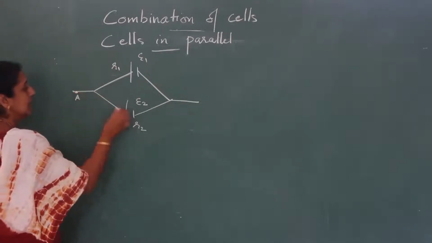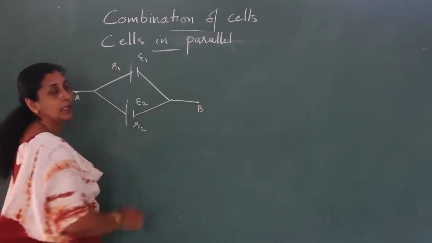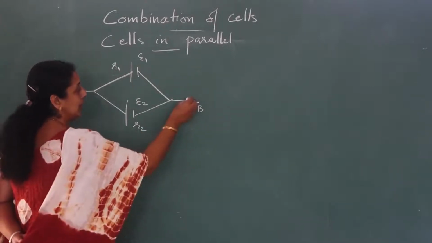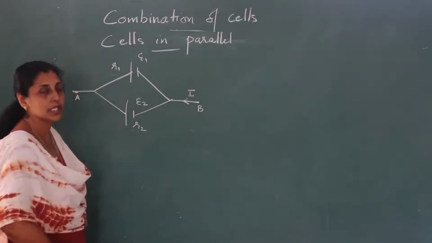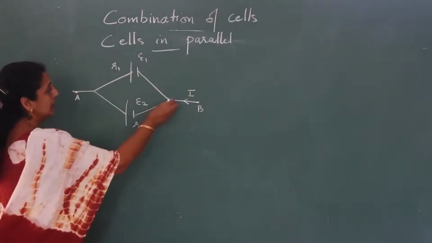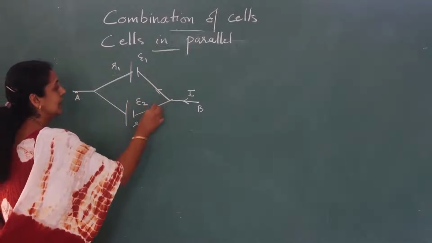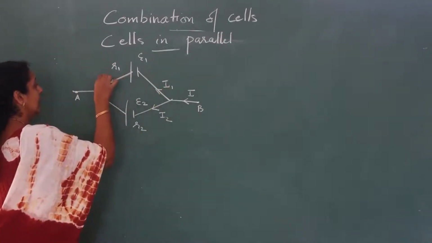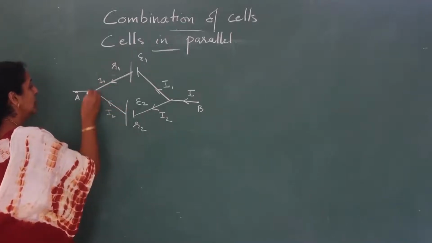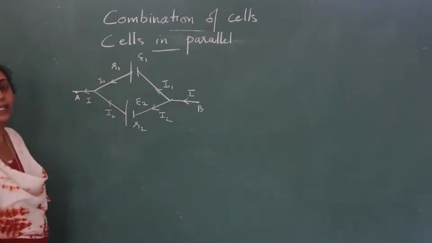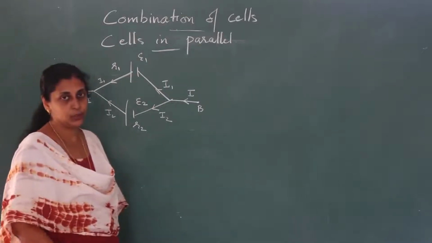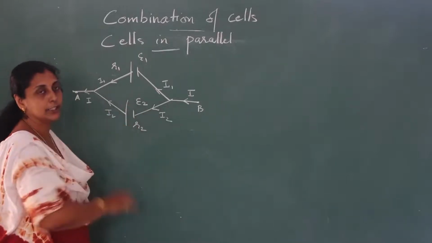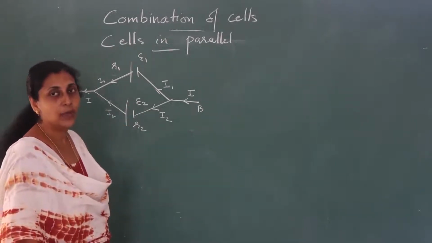Let me call these terminals A and B, and say a current I is flowing to the circuit. At the junction, the current I will get split into I1 and I2. Similarly here also we have I1 and I2, which combine to form the current I flowing to the circuit. According to Kirchhoff's laws, the current directions and values have been written.